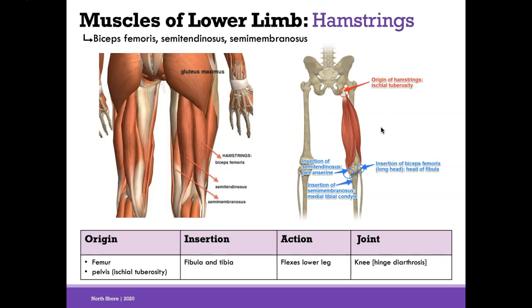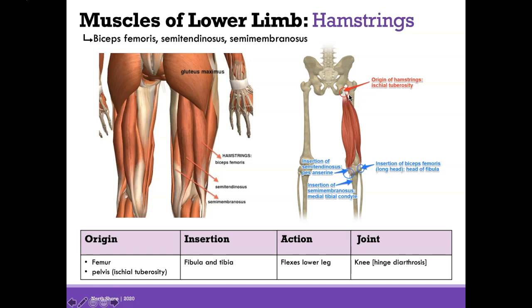Okay, so now let's move down to muscles of the lower limb. And we'll start with a group of muscles called the hamstrings. So the posterior lower limb are the hamstrings. They consist of the biceps femoris, semitendinosus, and semimembranosus muscles. And they all originate on the femur and the pelvis.